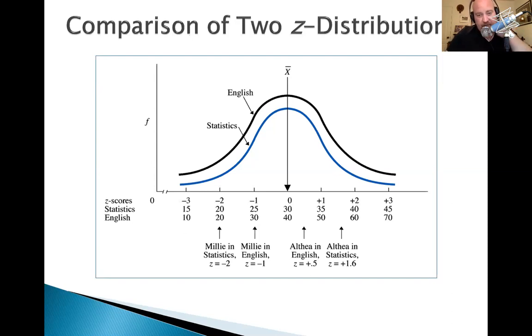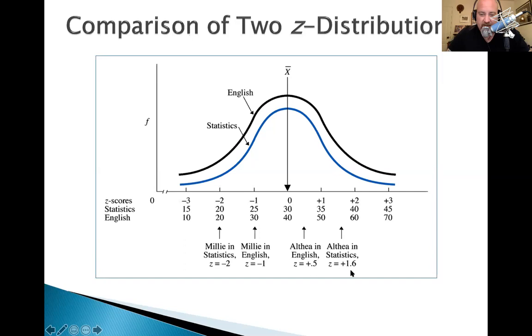Well, what you could do is calculate your z-score in your stats class, then calculate your z-score in your English class and see which one is further from the center, right? So if we look at this graph here, we got two people. It looks like we have Millie and Althea. So if we look at Althea first, say her z-score for her English class is 0.5, so she's half a standard deviation above the mean.